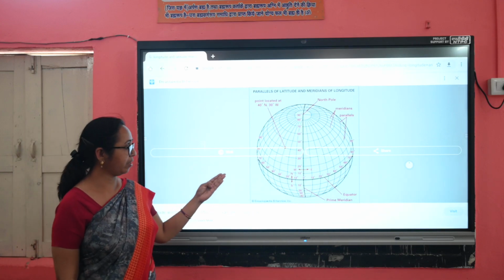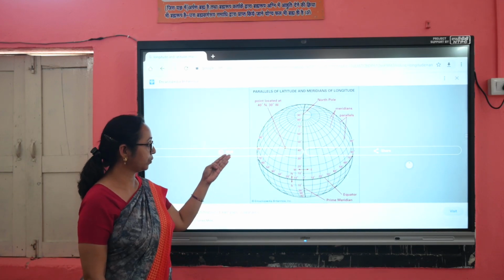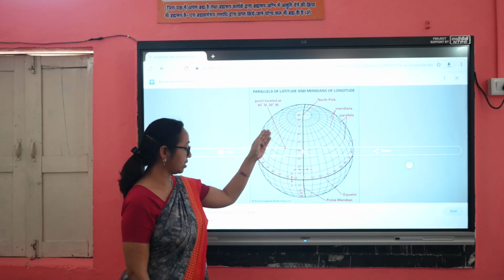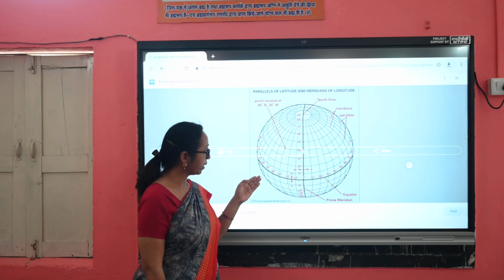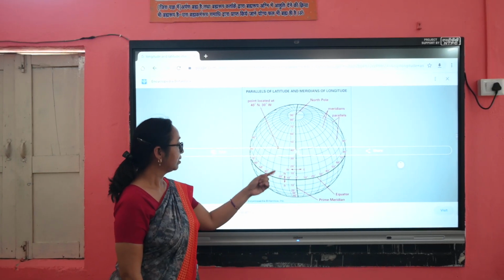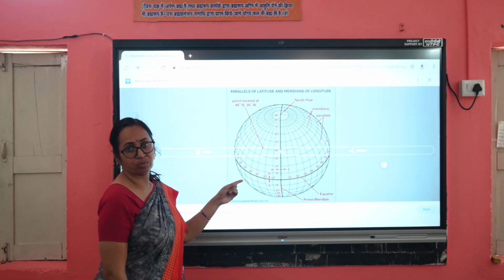Suppose I want to show latitudes and longitudes, we can just show an image to students and explain grids also.